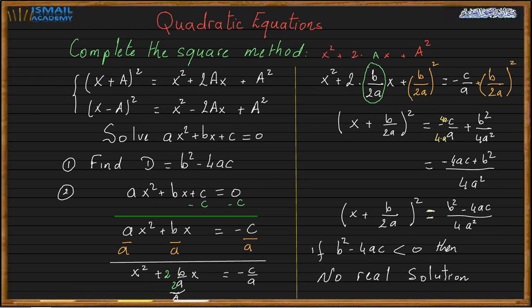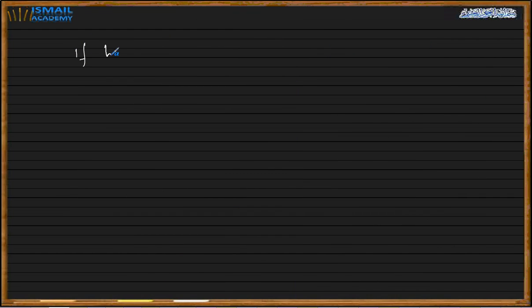And if b squared minus 4ac is equal to 0, then you will end up having x plus b over 2a squared equals 0, which means x plus b over 2a equals 0.